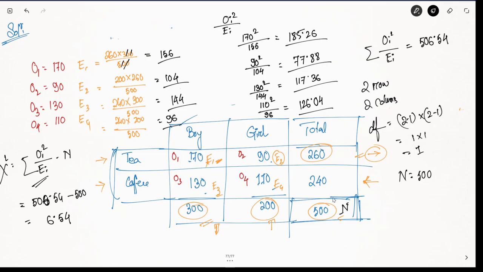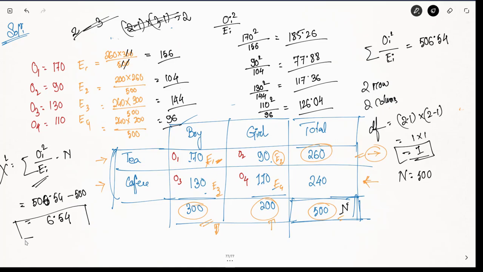So the degrees of freedom in our example is 1. Suppose you have 2 rows and 3 columns. In that case, the degrees of freedom will be 2 minus 1 into 3 minus 1 equal to 2, right? So based on number of columns and number of rows, you can decide the degrees of freedom. So in our case, the degrees of freedom is 1.